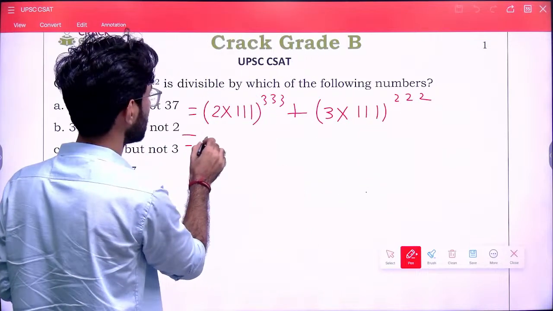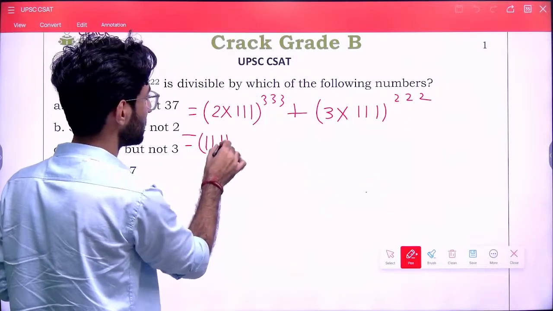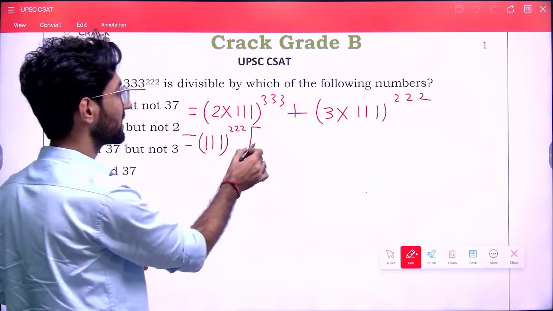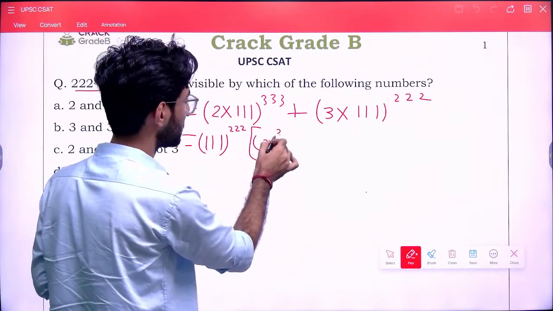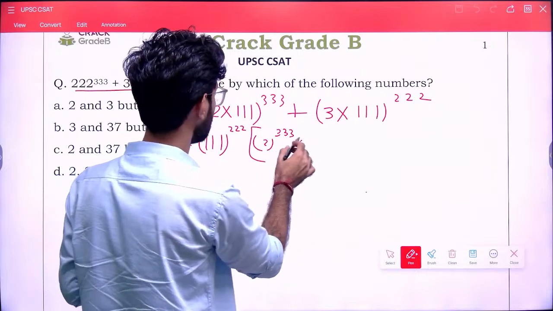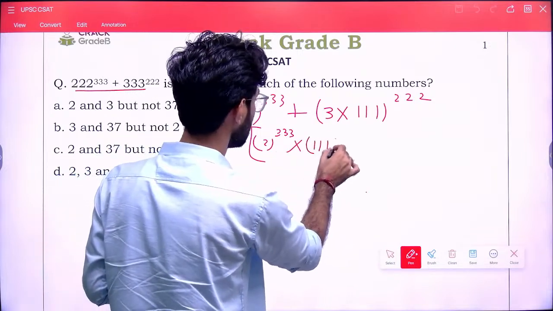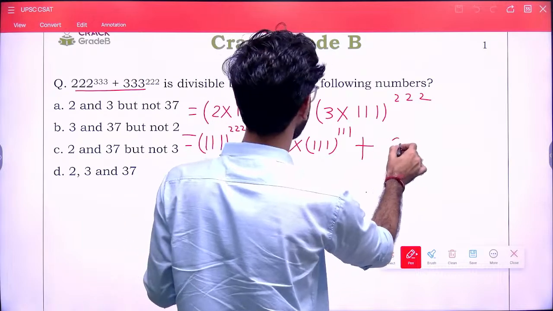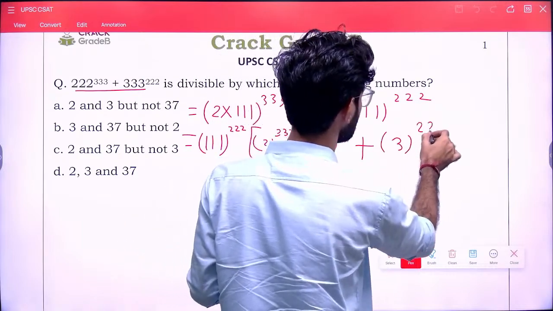So what can we do here? We can take 111 to the power 222 as common, right? So what can we write here? 2 to the power 333 into 111 to the power 111 plus we can write 3 to the power 222.